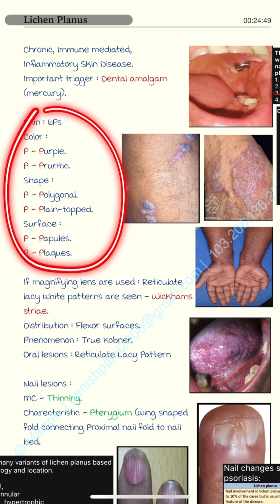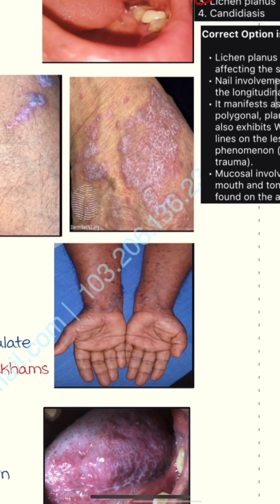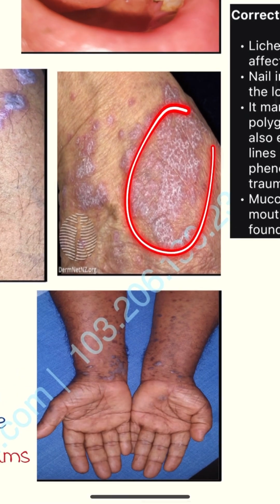These are the type of lesions seen. If magnifying lenses are used, reticulate lacy white patterns are seen, which are known as Wickham's striae.